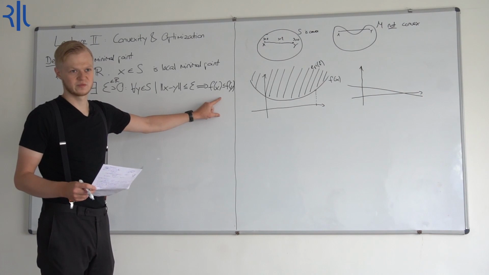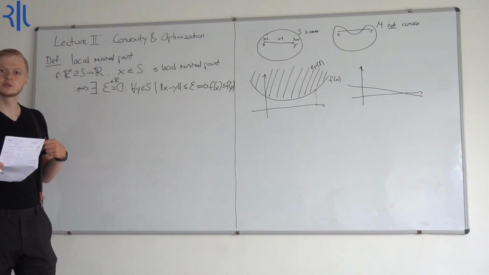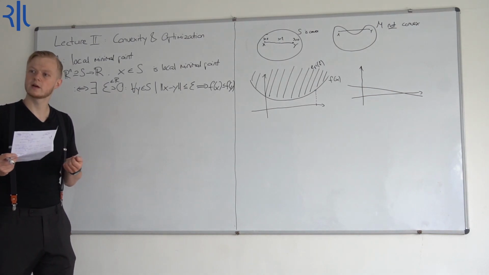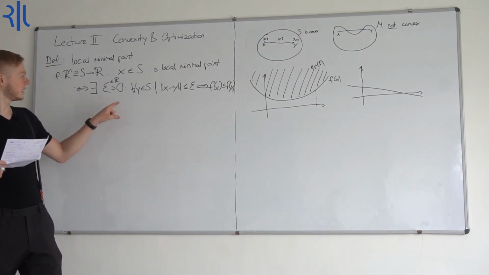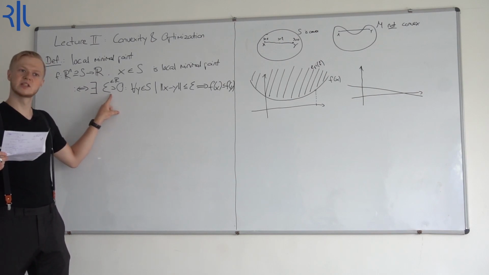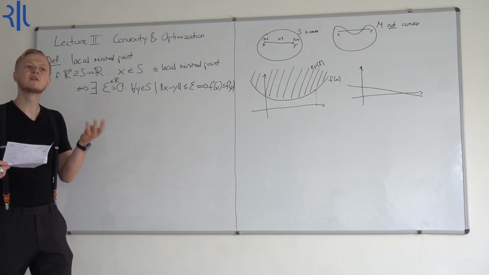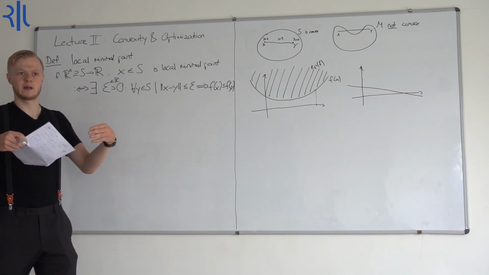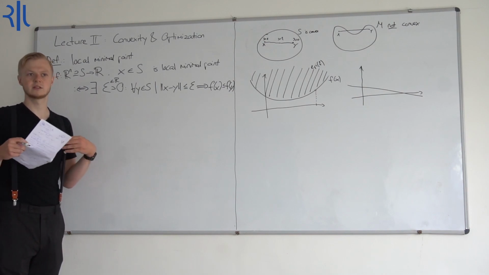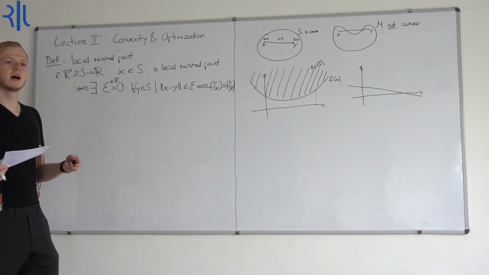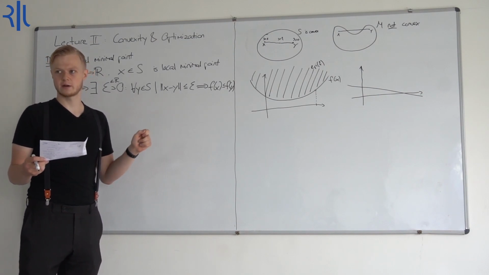So basically, what we did here is we put the notion of neighborhood, of proximity, of locality, into the definition by saying there is some radius, some distance that is greater than 0, and everything that is closer to x than this distance, so which is in this neighborhood, will have a function value greater or equal to that of f of x.